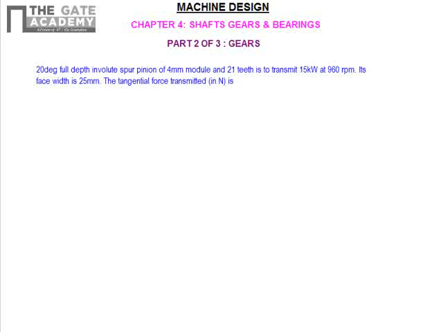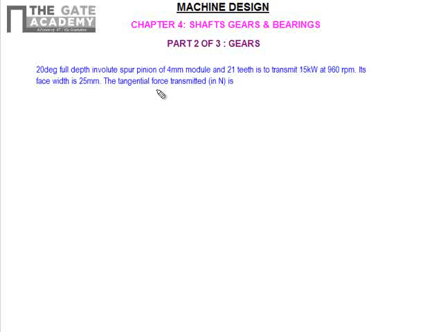Now we will try to solve a simple problem to illustrate the concepts of force analysis and laws of gearing. A 20-degree full depth involute spur pinion of 4 mm module and 21 teeth is to transmit 15 kilowatt power at 960 rpm. Its face width is 25 mm. What will be the tangential force transmitted in newtons?